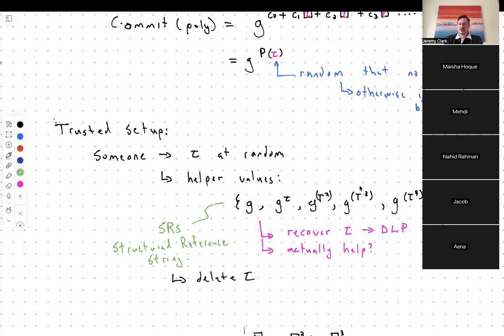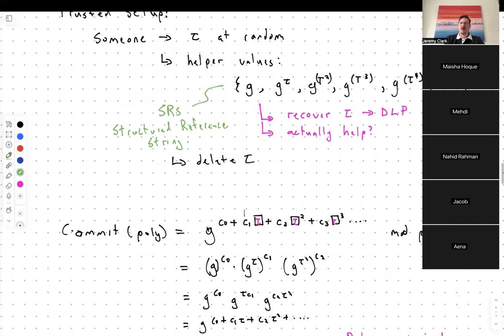And this is going to be published online, and anyone can use these strings. For something that's very closely related to the discrete logarithm problem, if I know the number here, say this equals 15 and this equals 17, I would have to break the discrete log problem to get tau out. So just seeing these values doesn't tell me what tau is. So it's safe to publish these values.